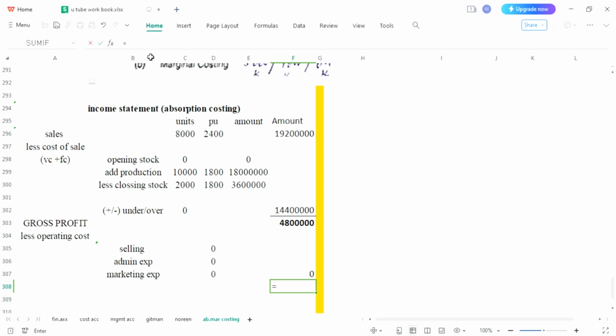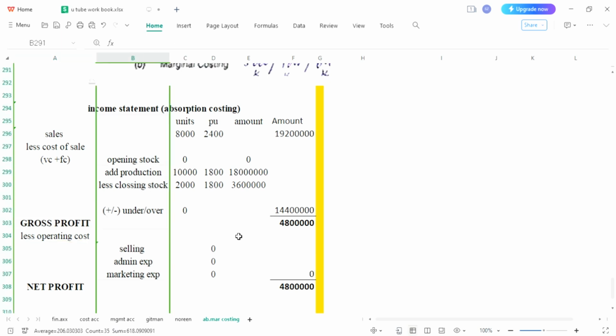Same as there is no selling admin cost, so you needed to subtract selling cost from gross profit. Here was your gross profit, cost is nil, so you have got your net profit over here, and you can mention it. Net profit has been calculated.